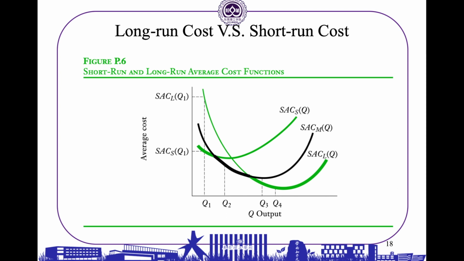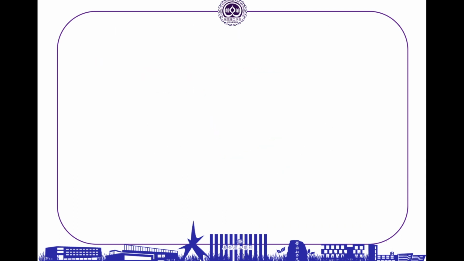Similarly, a medium plant is more efficient than large and small plants for producing Q2. As a result, the long-run cost function is the lower envelope of the short-run average cost functions, as the bold curve indicates.